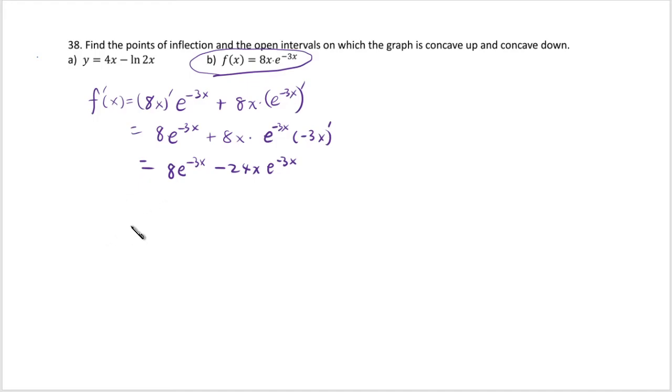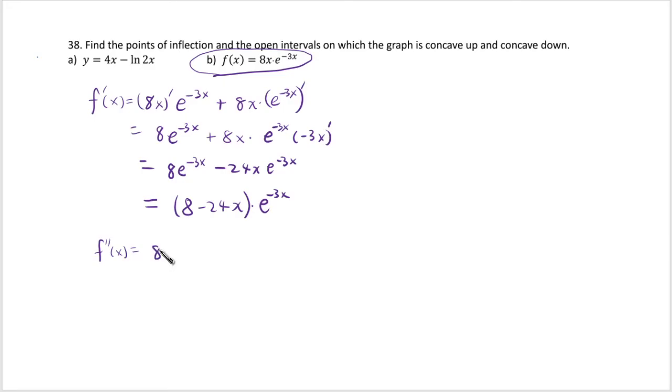We need to differentiate this again, but in order to differentiate again, it's better if you simplify this by factoring the e to the negative 3x out. So we factor that out, I get 8 minus 24x. You can also factor the 8 out, but I think this is easier. So I'll just simplify like this, and now we take the second derivative. Again, it's a product of two functions, so we have to use the product rule.